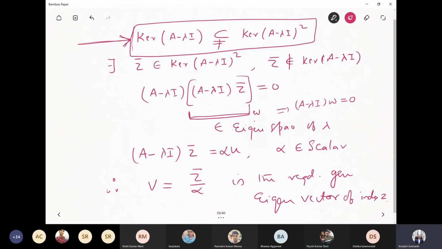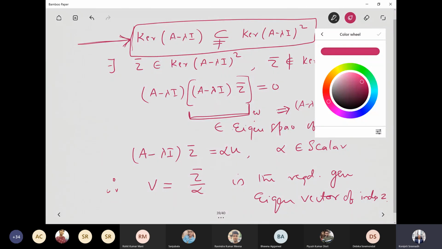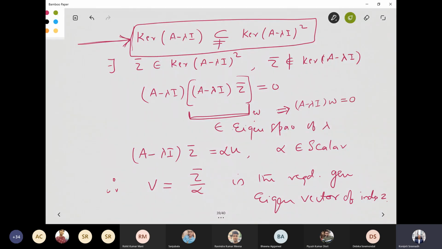Listen to me first. Call what is in the bracket here as W. Okay. So what does W satisfy from this equation itself? A minus lambda I W is 0. What does that mean? That means W belongs to the eigenspace of lambda. W is an eigenvector. That's what it means. So what is the eigenspace of lambda?